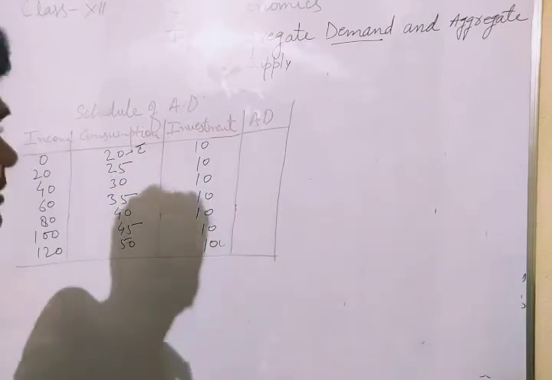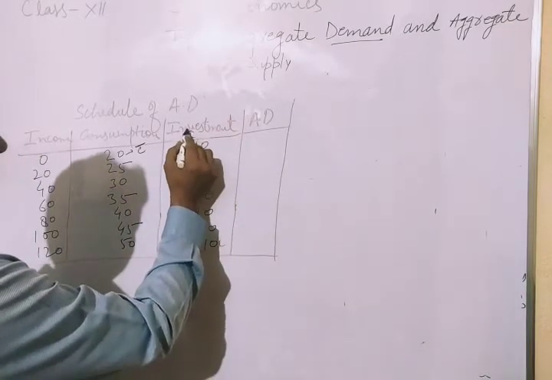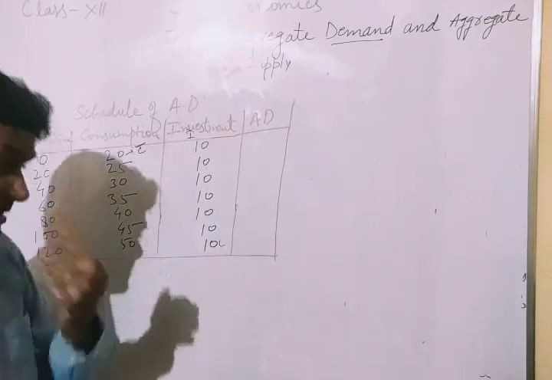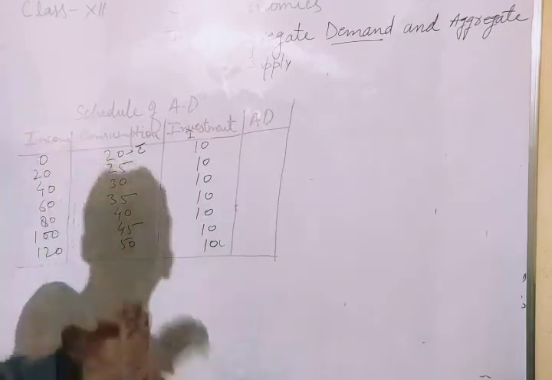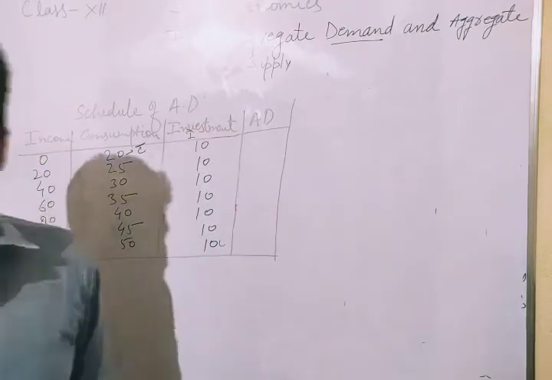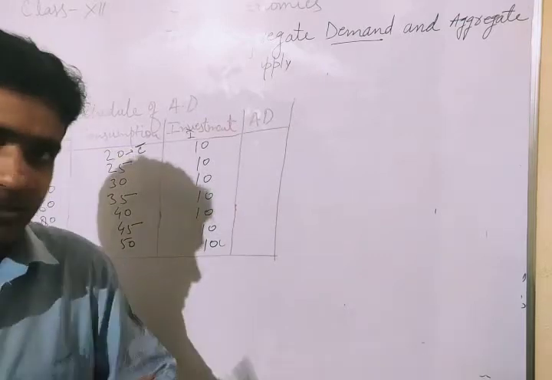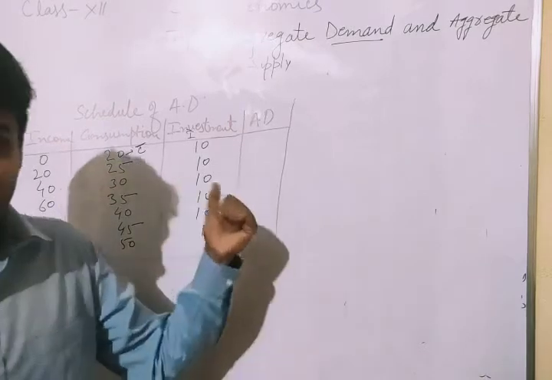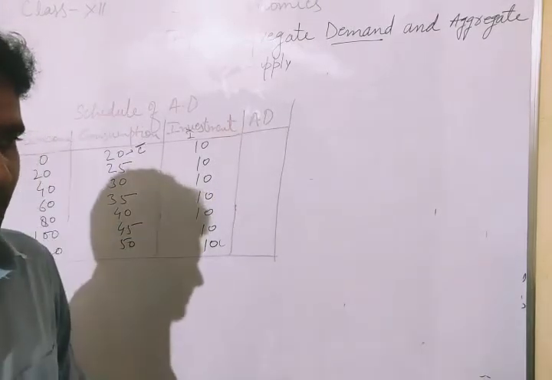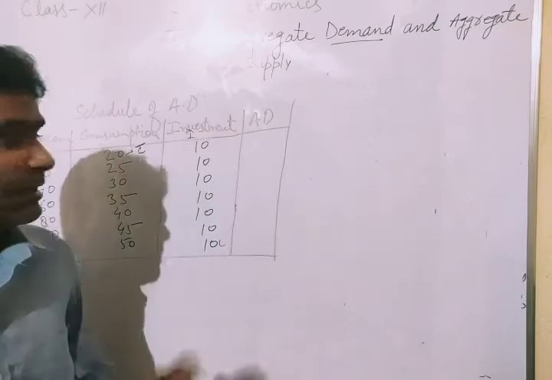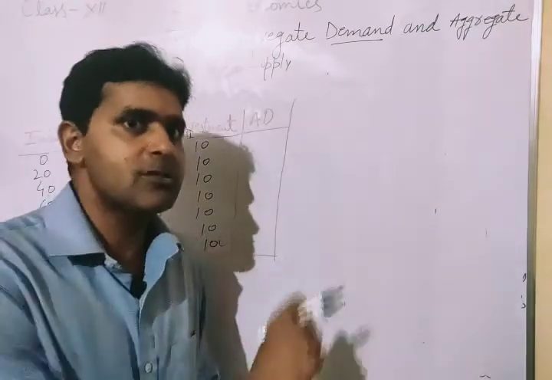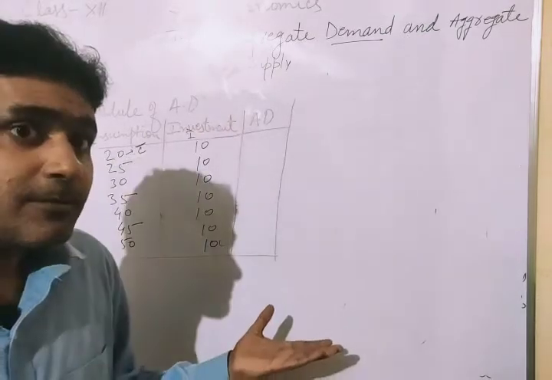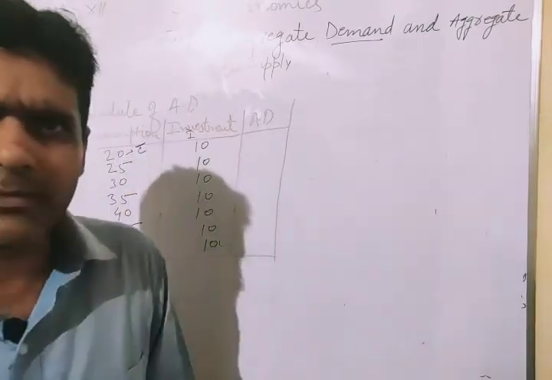In our study, we assumed investment as I bar, or it remains constant. When we are saying constant, it means that it is not affected with the increasing level of income. It is independent of income. Though investment can fluctuate periodically, like suppose the rate of interest goes down, then the cost of investable items will be cheaper and the investment will increase.